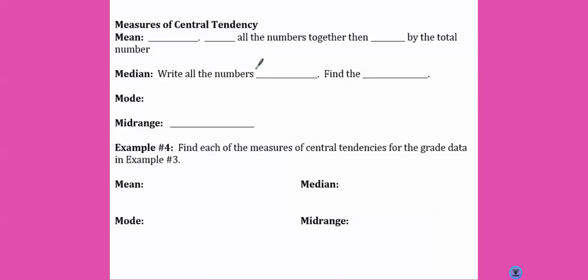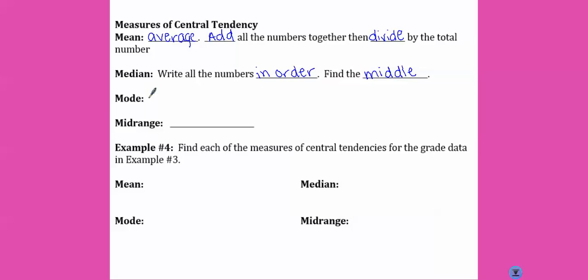And our last section of today's notes, measures of central tendency. Mean is the same thing as average. We add all the numbers together and then divide by the total number, so how many there were. Median, write all the numbers in order. Doesn't matter if you start with the lowest or start with the highest, as long as they're all in order, and find the middle.